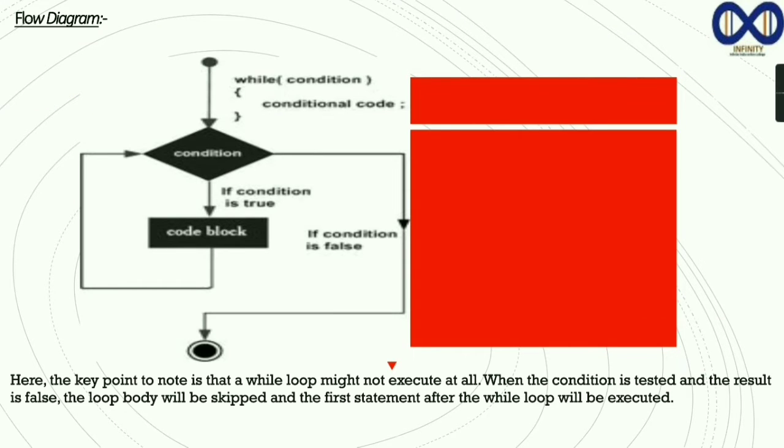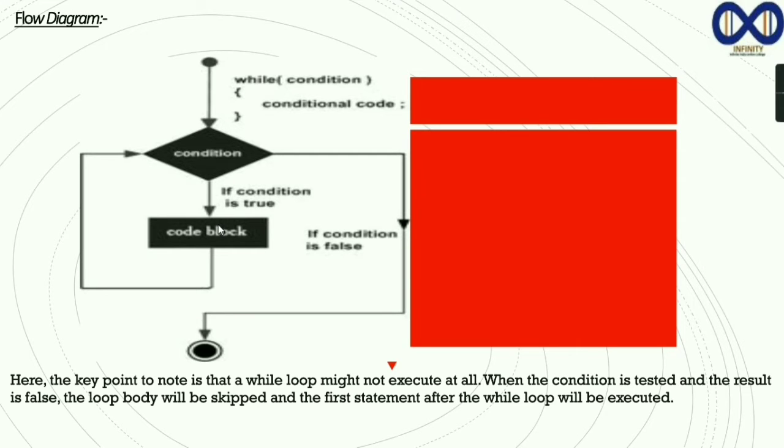And this is the flow diagram. This is the while loop flow diagram, and this is the starting symbol. Here are the while loop condition and the conditional code. As I already told, if the condition is true, it will do the cycling process until the last of the code is executed.